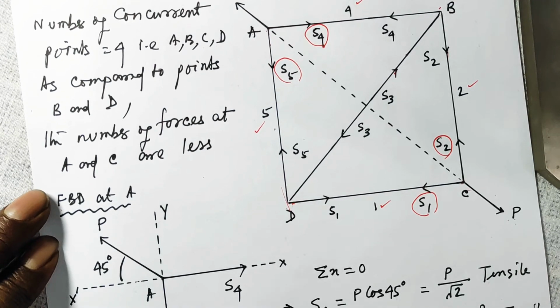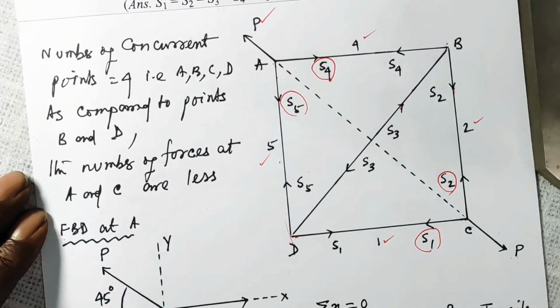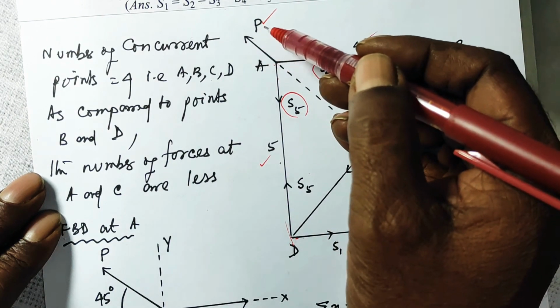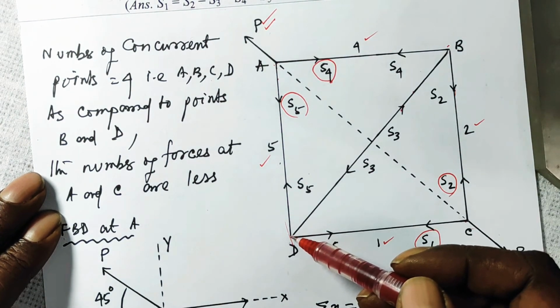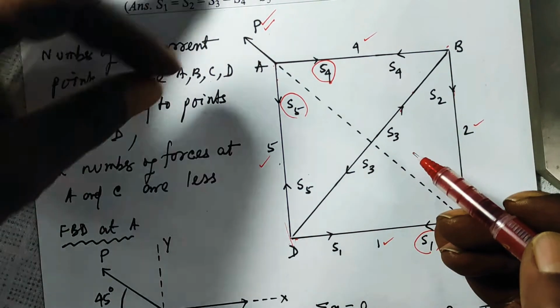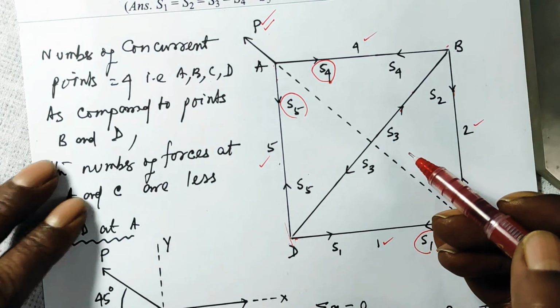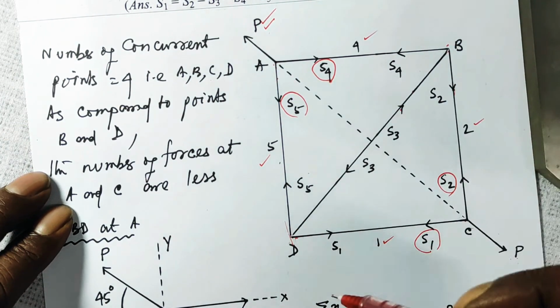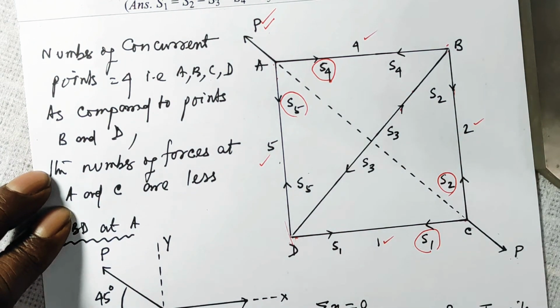Now look, what will happen is like this. If this end is pulled with an external force P, the bars DA and AB will have extension, since the other ends are fixed.